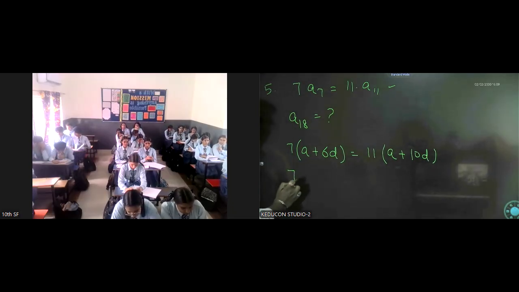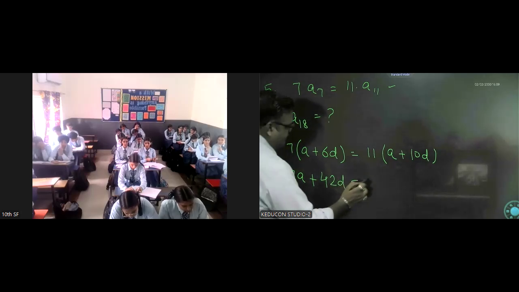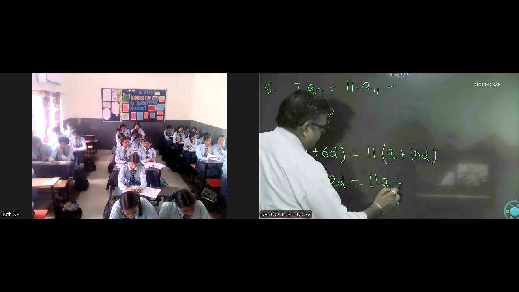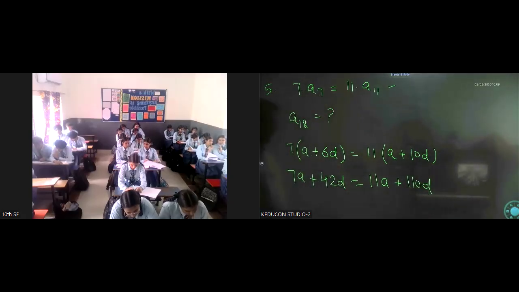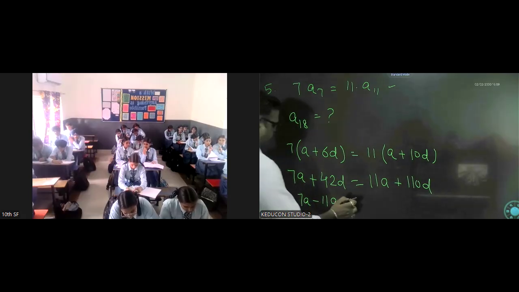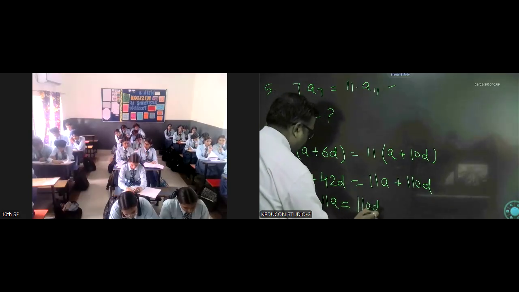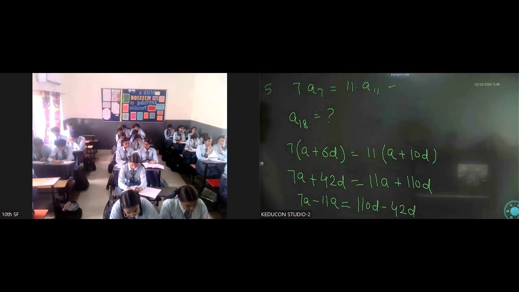Simplify this. 7a plus 42d is equal to 11a plus 110d. Is this clear? Take a on one side. Is this equal to 110d minus 42d? Any doubt here, children?